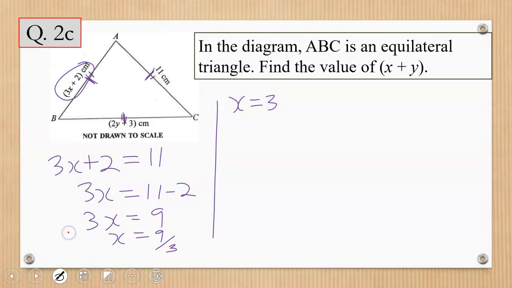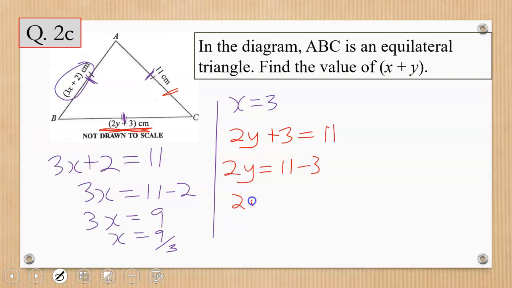Right. Then we can also say that the side here should still be the same as 11 because all the sides are equal. And so we can also say 2y plus 3 should be equal to 11. So, grouping like terms, 11 minus 3, 2y is equal to 8.